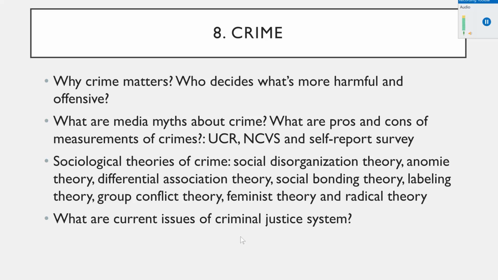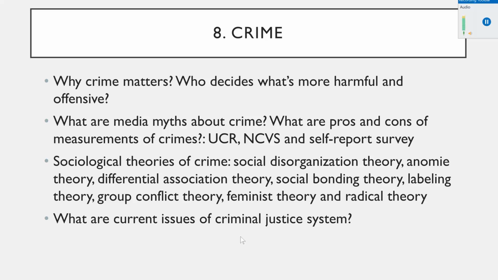And there are myths about crime, like the threat or concern about being killed by a stranger is very high compared with the actual facts. And there are various measures of crime like the UCR, the NCVS, and different surveys.